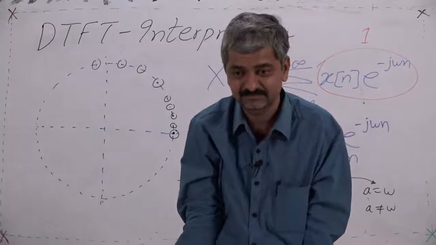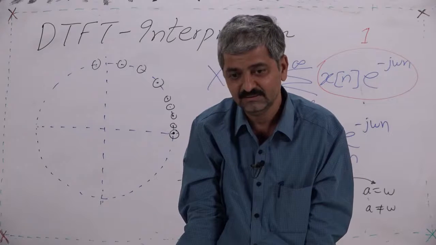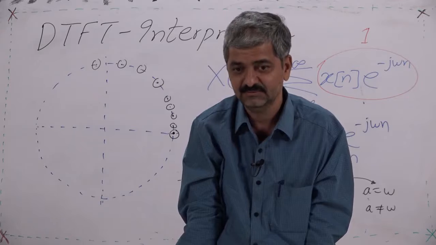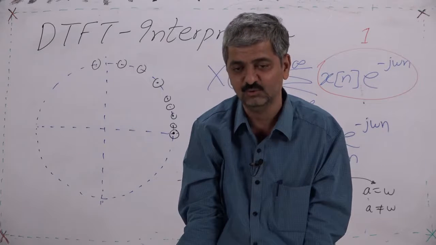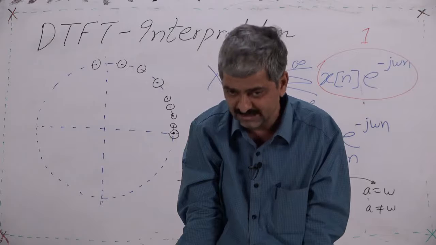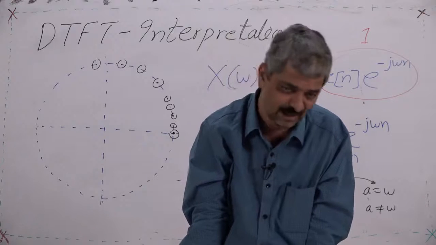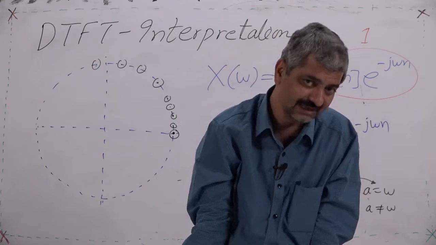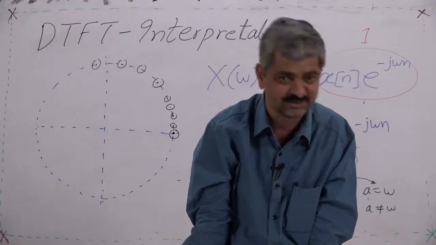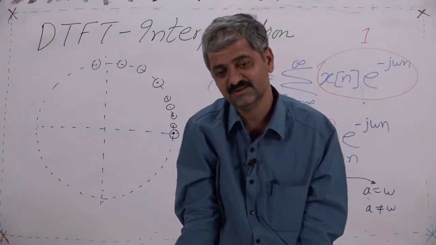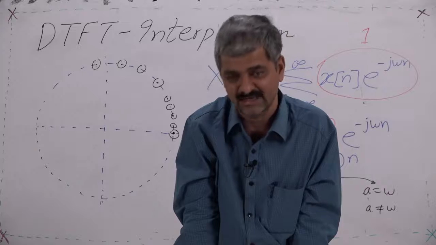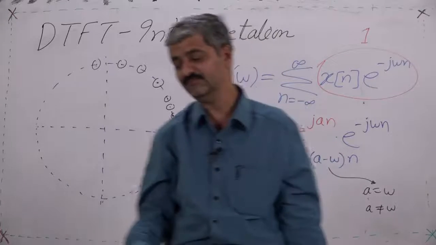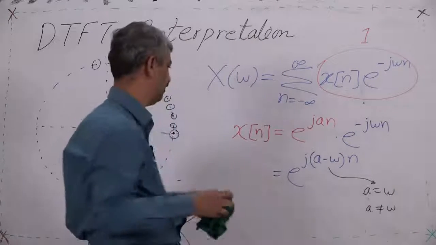Like that, by subjecting x[n] to weights which rotate, I am trying to find out whether x[n] also consists of such traces of rotating points, and if yes, to what extent, if x[n] is at all a rotating point.